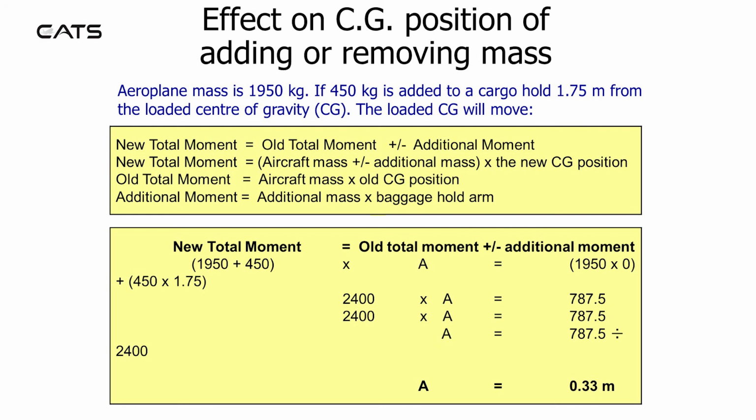This becomes 2,400 multiplied by A equals 787.5, which becomes 787.5 divided by 2,400. A is therefore 0.33 meters.